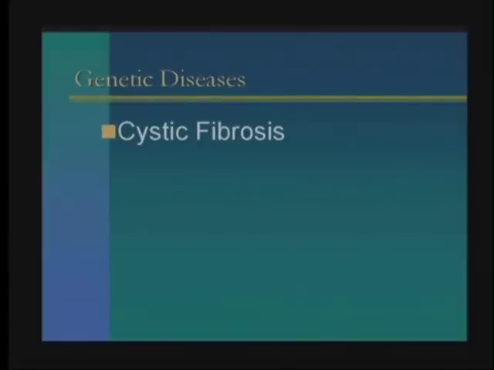Cystic fibrosis is the result of a recessive gene. The problem with cystic fibrosis is that this abnormal gene causes you to produce a very thick mucus in your respiratory tract and your digestive tract.